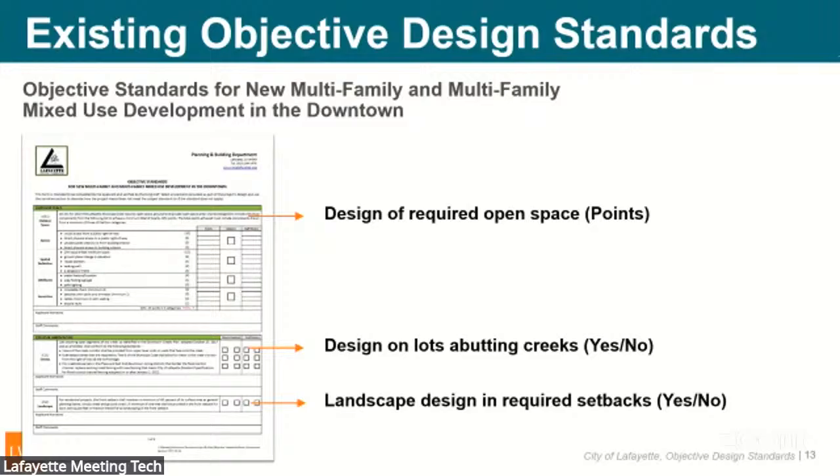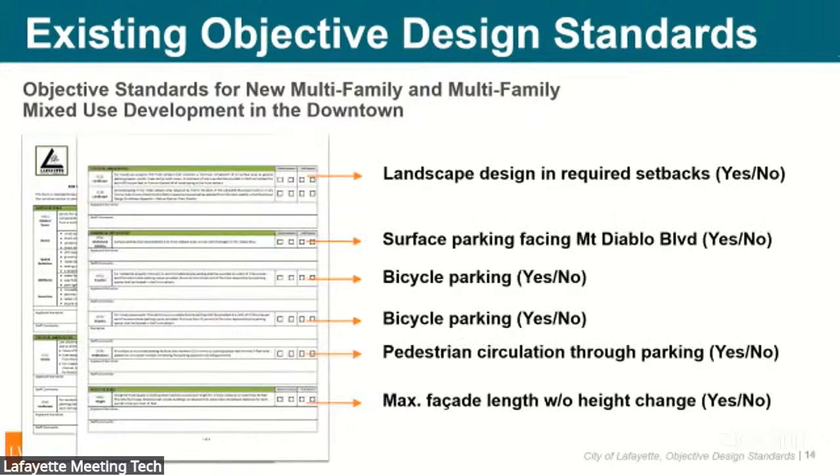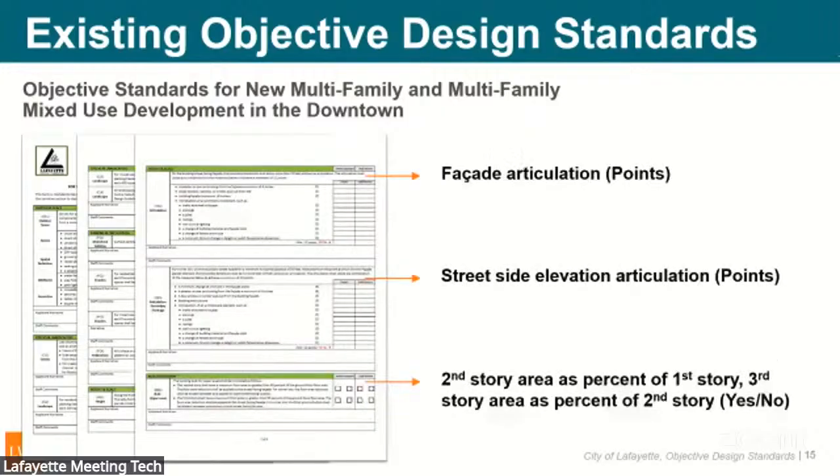But we saw that they address design of open space and lots of abutting creeks and landscape design. In some cases, it's by points versus simple yes or no. A lot about landscaping, bicycle parking, and then some standards about facade, massing and articulation, elevations that face streets, and then shaving down upper stories of buildings.